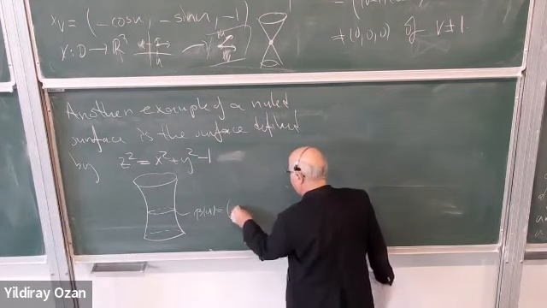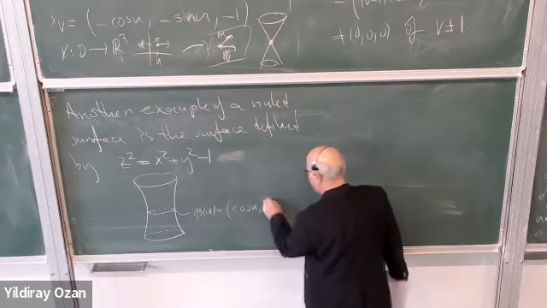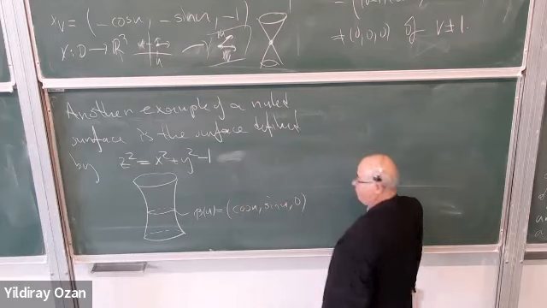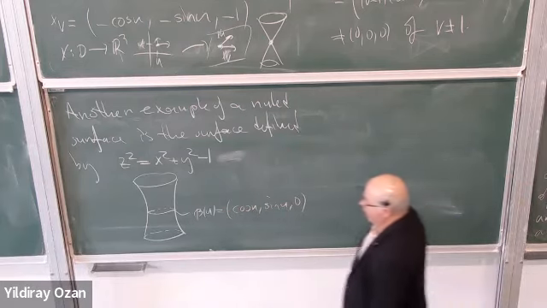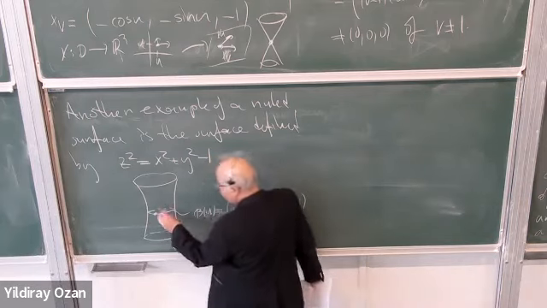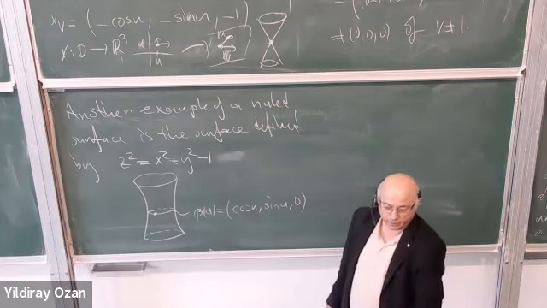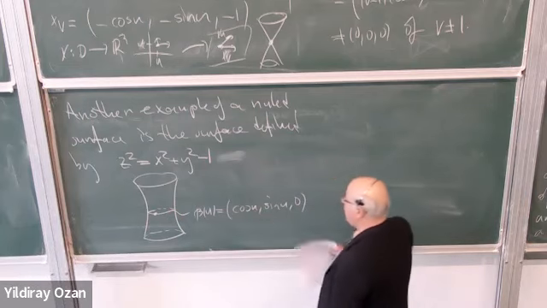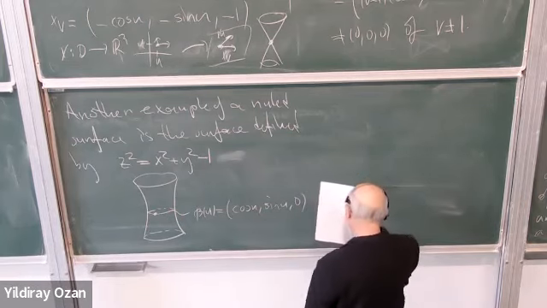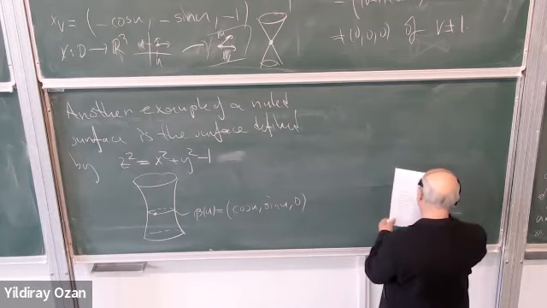So this is again cosine u, sine u, 0. What about the rulings? At each point, I should give you a line, right, so that it lies on the surface. How can we find those lines? Well, here is how we can find it.